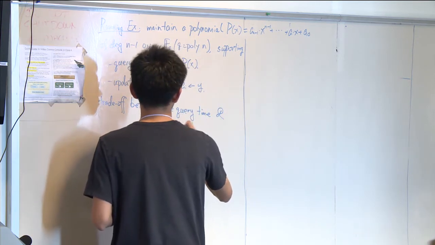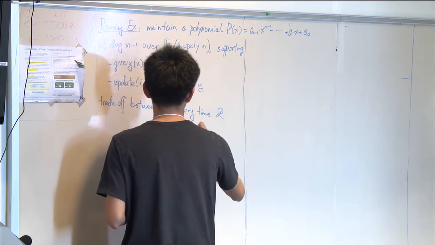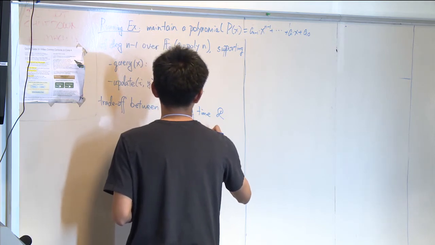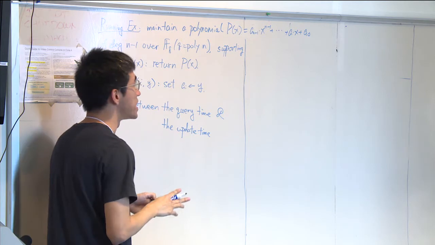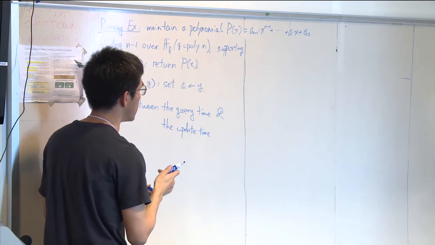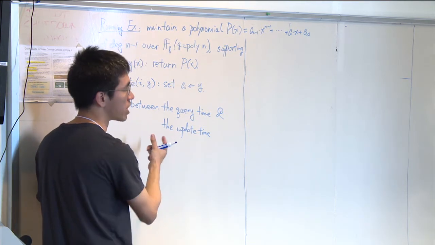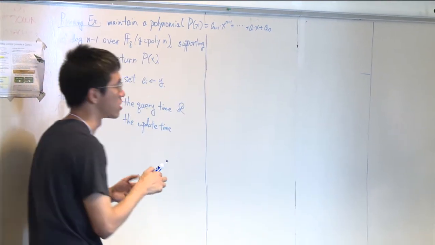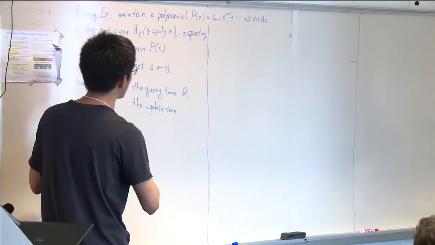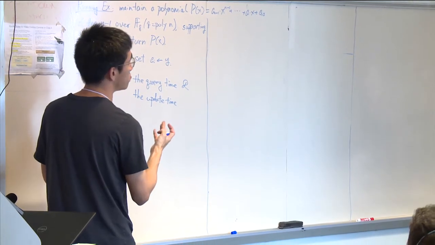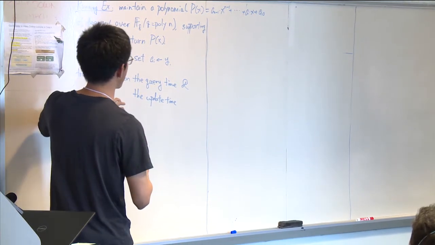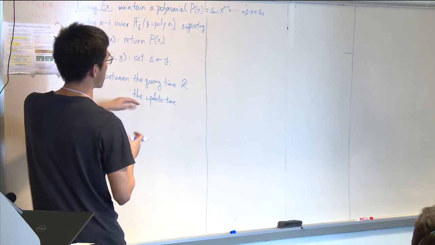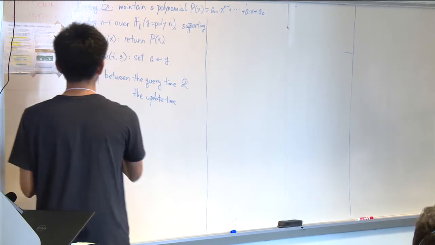Usually the space is not a parameter that will come into play, though in data structure design it is sometimes also important. Most of the lower bounds will not depend on the space. It just describes, for a given query time, what is the smallest update time and so on.